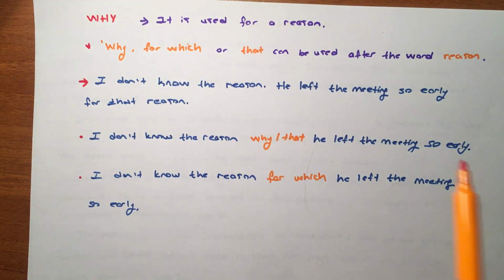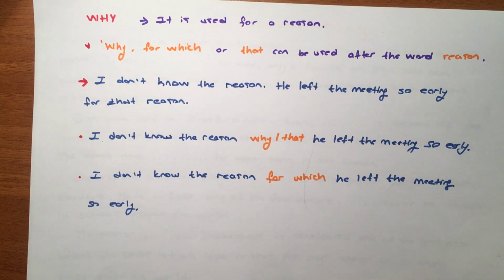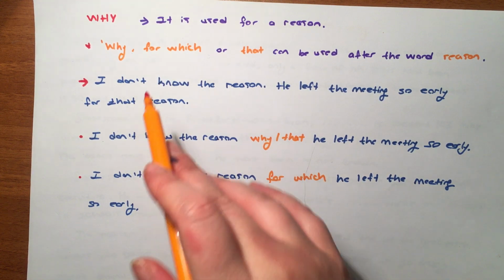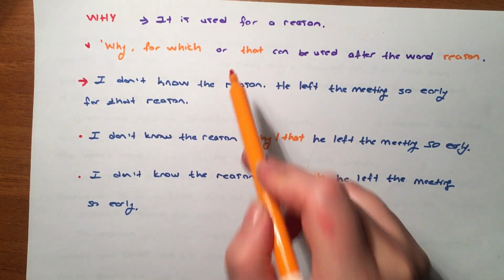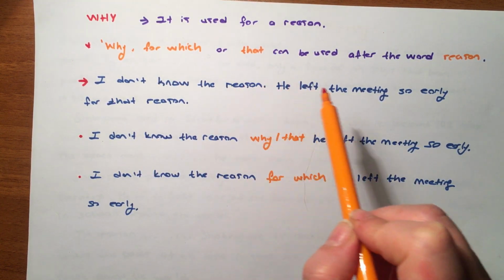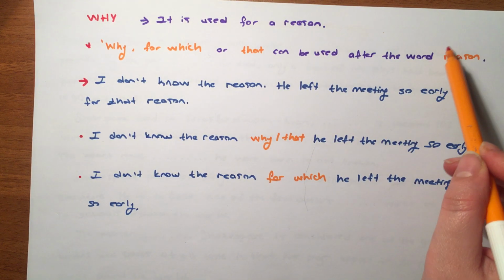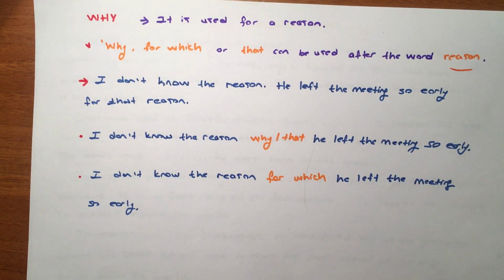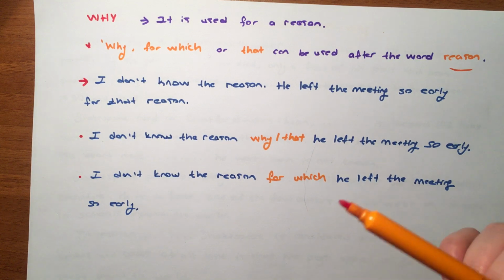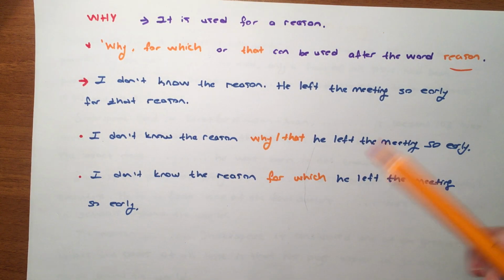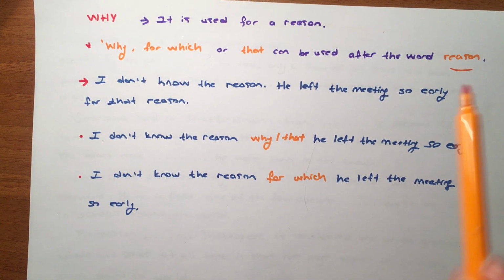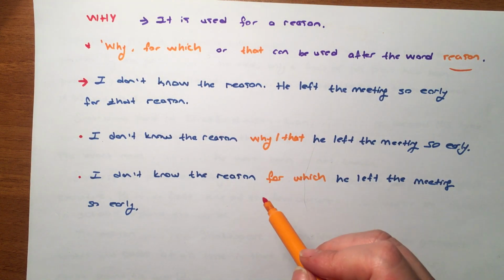Let's learn why today. It's used for a reason: why, for which, or that. You can use that after the word reason. If we talk about a reason, you can use why, for which, or that. Okay, let's see an example.